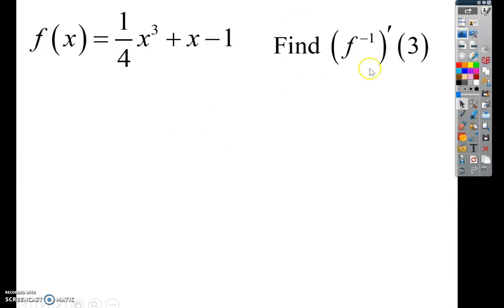So here's another function, and we want to find the derivative of the inverse at 3.